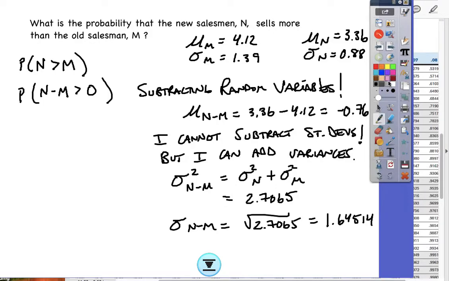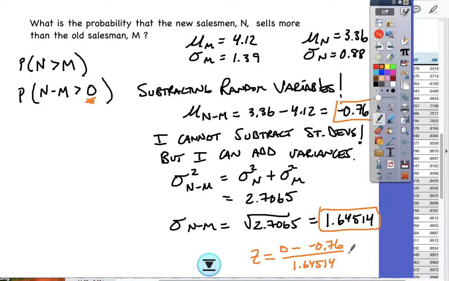Okay, so we're going to use z-scores again. Now this time the value is 0 minus the mean of negative 0.76 over my standard deviation of 1.64514. And when I do that, my z-score is 0.46.